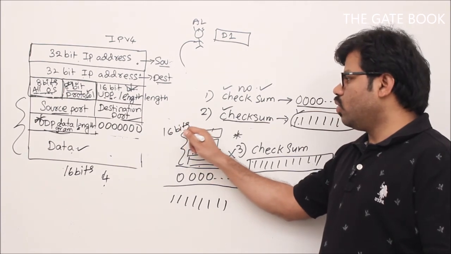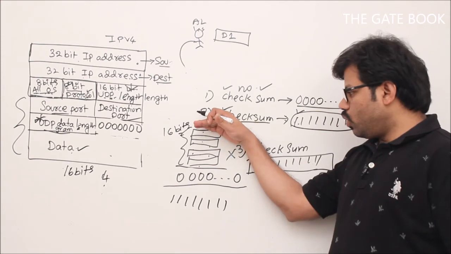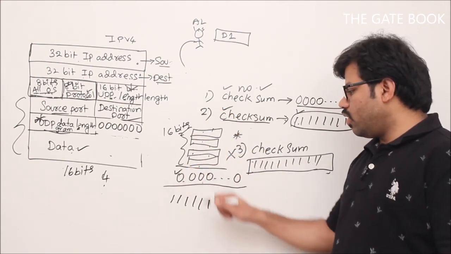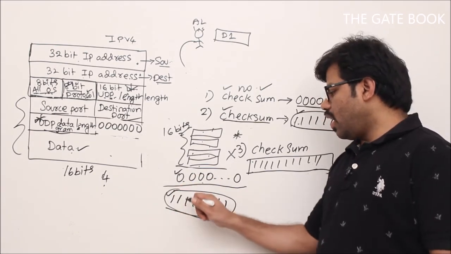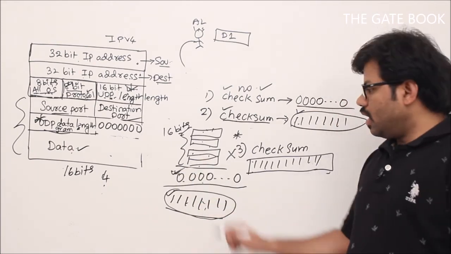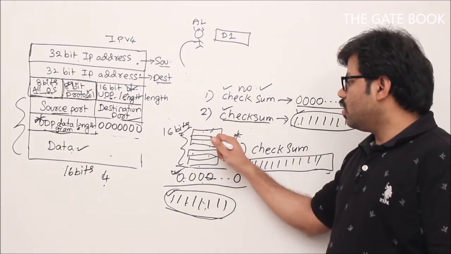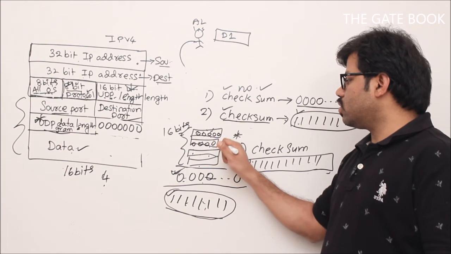Of course, we did it through hexadecimal patterns, but both are the same. If you get all zeros in the sum, only then will the complementation give you all ones. That means all those 16-bit patterns are zeros.